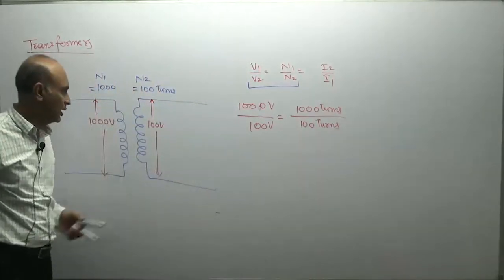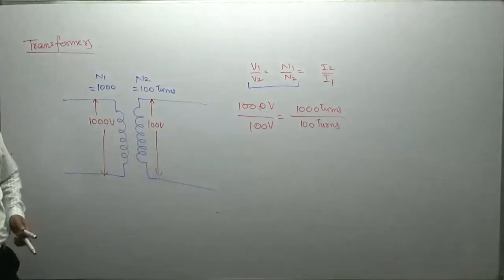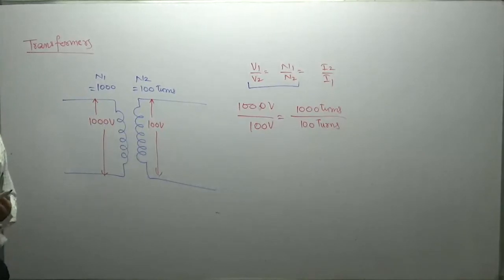So you can understand the secondary side voltage is 100 volt. The basic purpose of a transformer is to step up or step down the voltage. It is a step down transformer, which means it is decreasing the voltage.